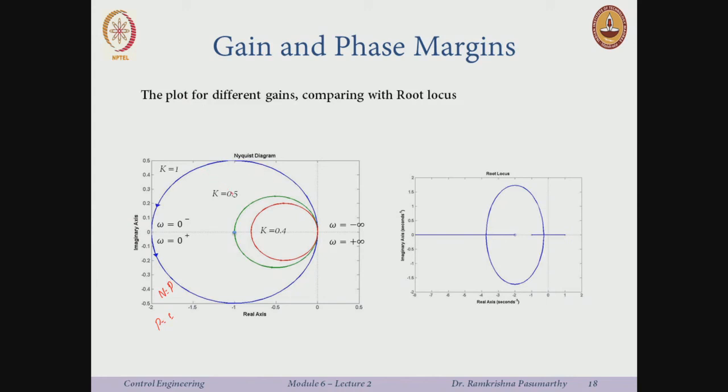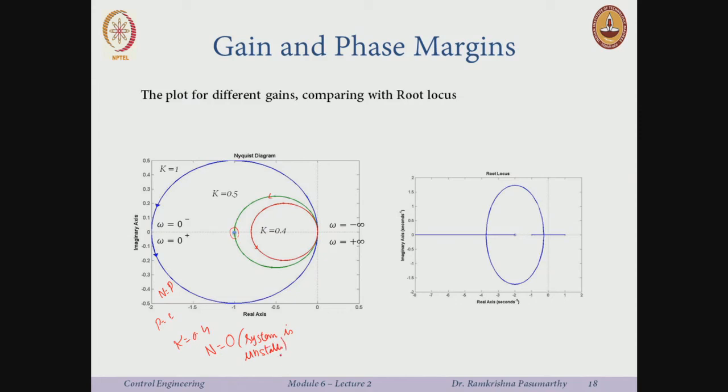Now I come down here: k equal to 0.5, I am just at the point -1 plus j 0. For k equal to 0.4, what is the number of encirclements of -1 plus j 0? If I take this direction, there is no encirclement of -1 plus j 0. So N equal to 0, therefore the system is unstable.